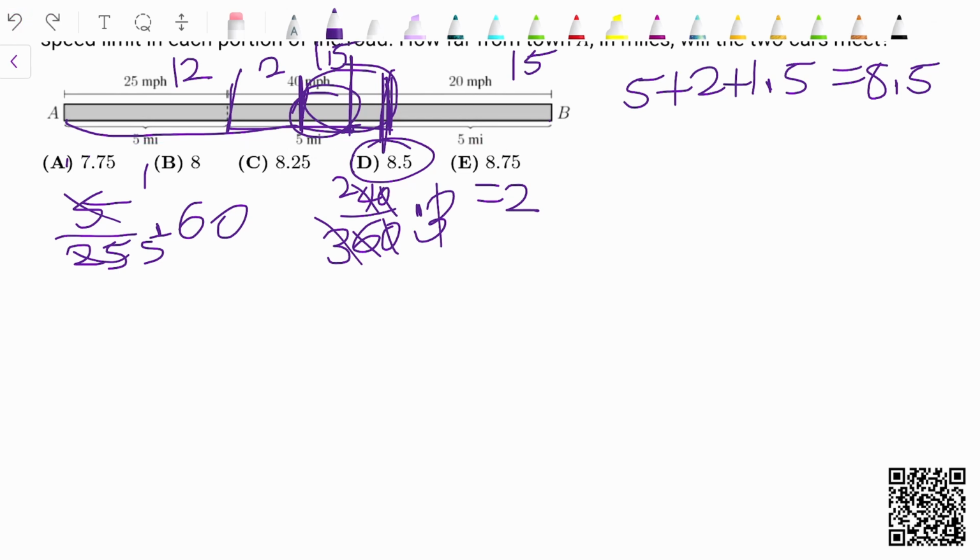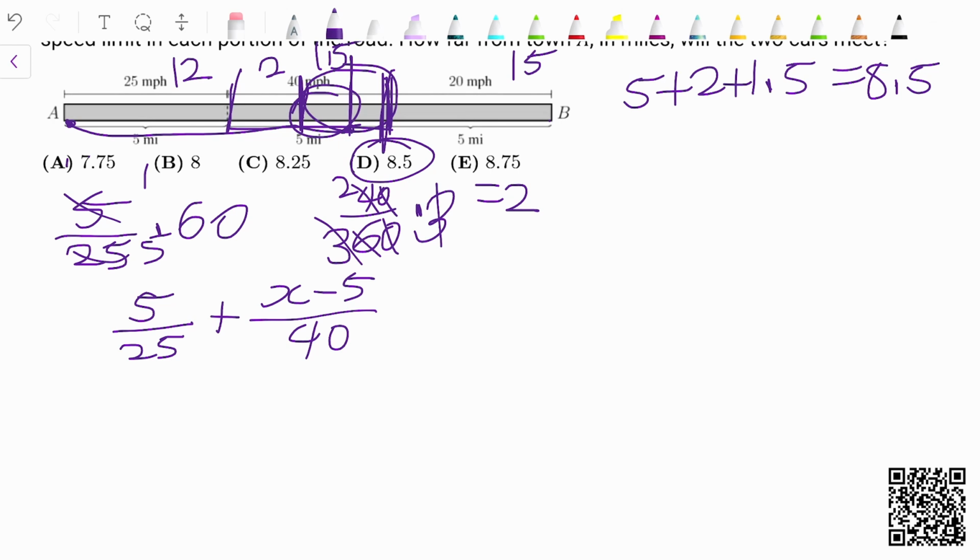Instead of converting to minutes this time, I'm going to leave the fractions in hour form. We have 5 over 25, plus the distance from the starting town to the middle, which is simply x, minus 5, over 40. And you might ask, what is this supposed to represent?